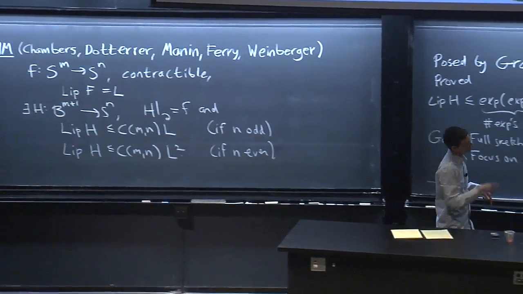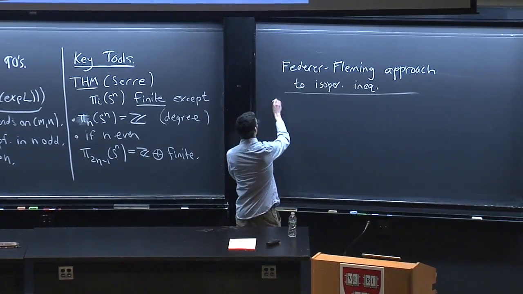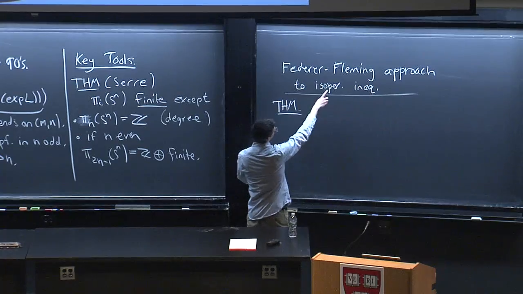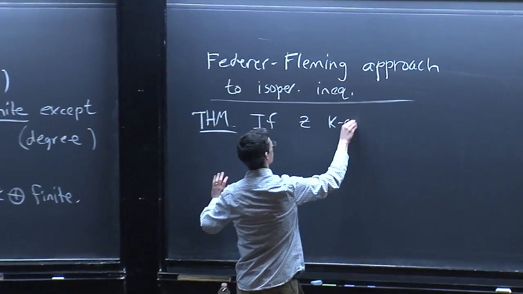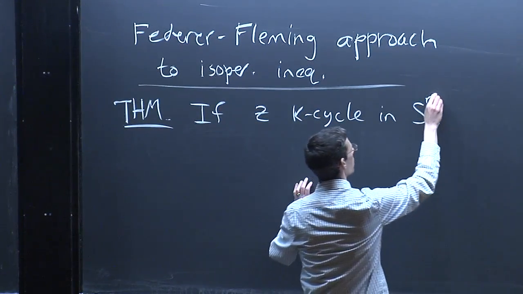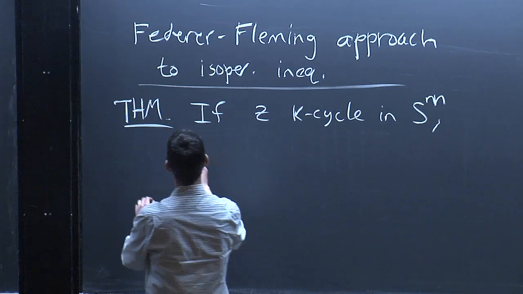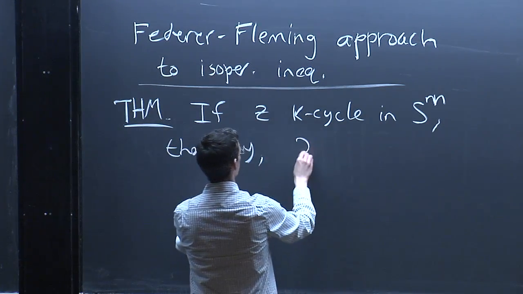So I'll remind people of one of the things that Federer and Fleming proved, to make sure people have some flavor of what this means. One of the things they proved is that if Z is a K-cycle in the n sphere, or in the m sphere, let's say, then there's a chain Y that it bounds.